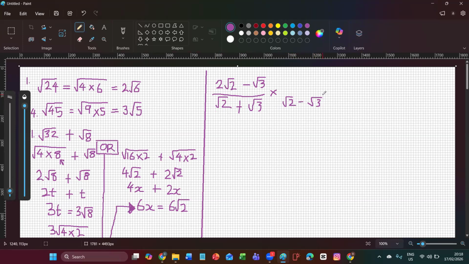Minus. Always aim for the opposite. And whatever you do to the denominator, make sure you do the same to the numerator. So here we go. Now, don't go and make the mistake of saying this cancels this.